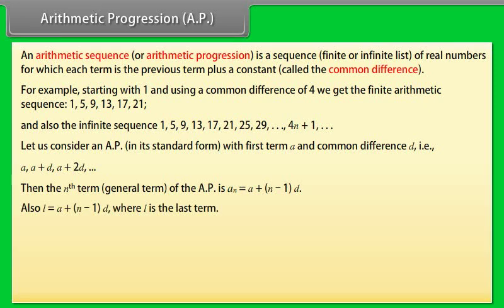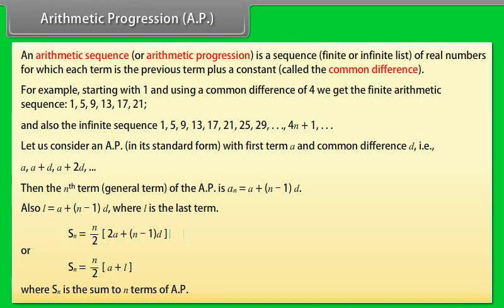Also, l = a + (n − 1)d, where l is the last term. Also, Sn = n/2 [2a + (n − 1)d], or Sn = n/2 (a + l), where Sn is the sum to n terms of AP.